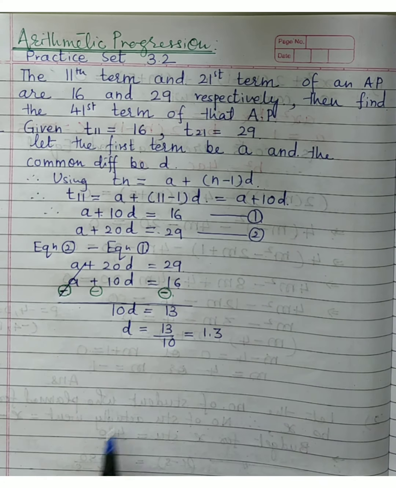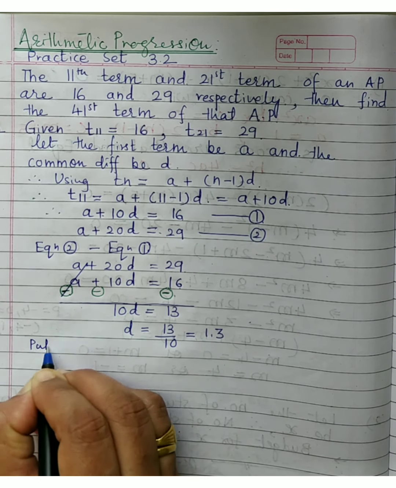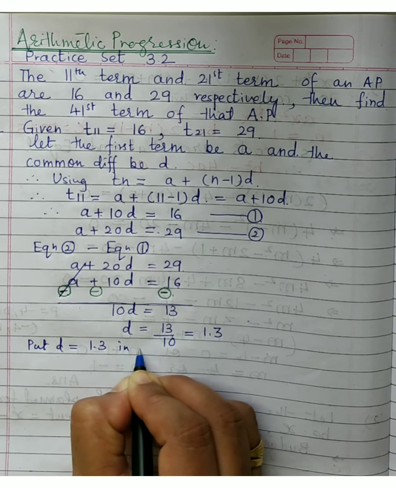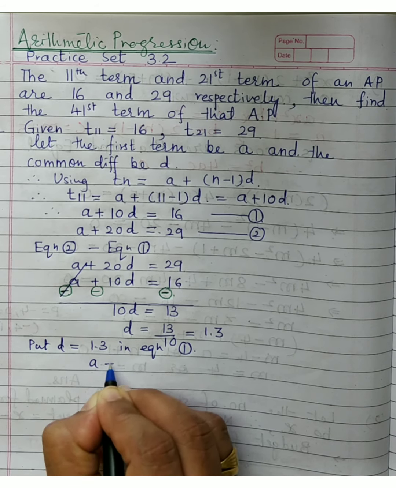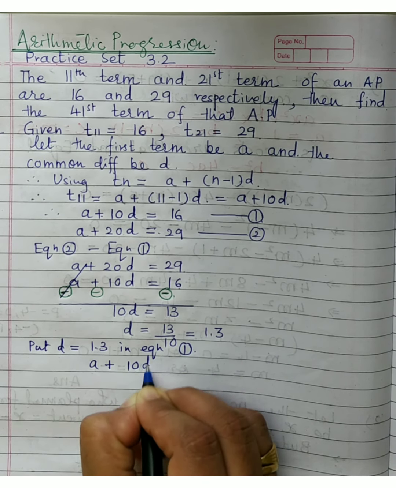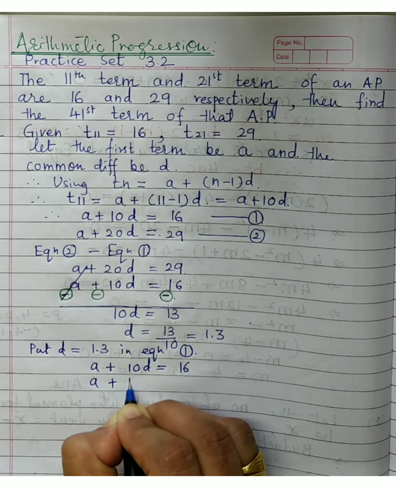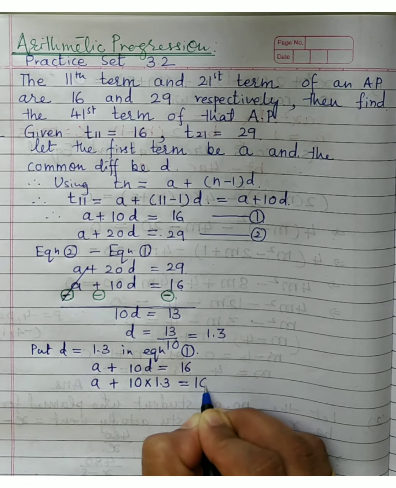You can find the value of A by substituting this value in equation 1. So put D equals 1.3 in equation 1. What is equation 1? A plus 10D equals 16. So A plus 10 into 1.3 is equal to 16.